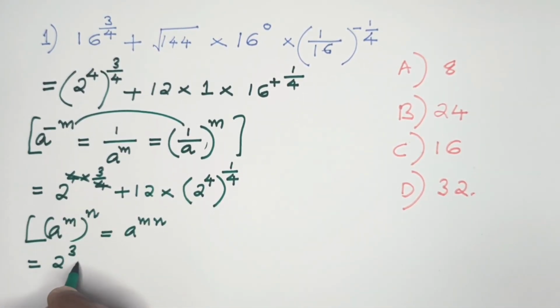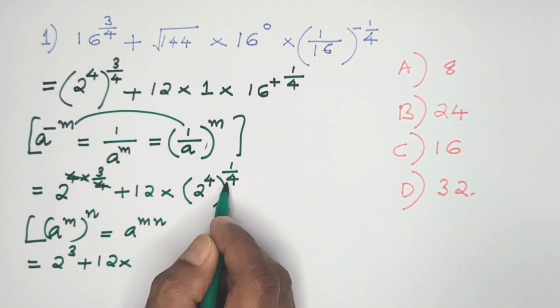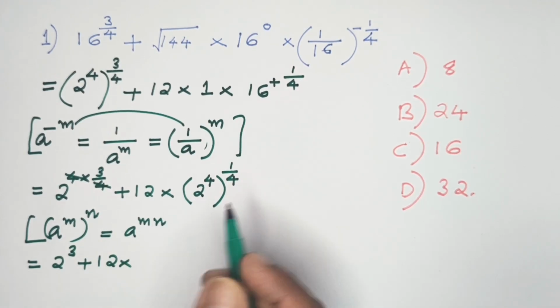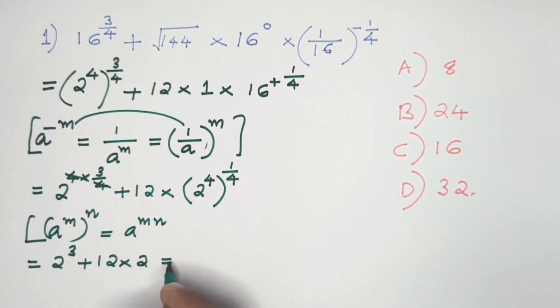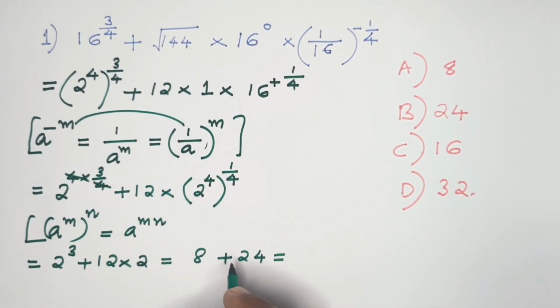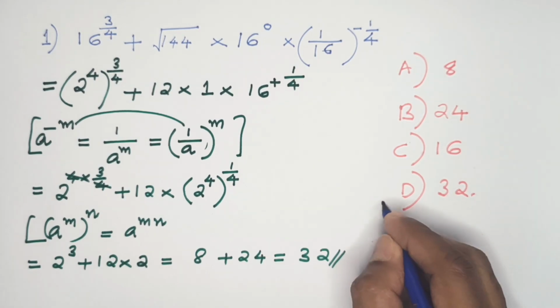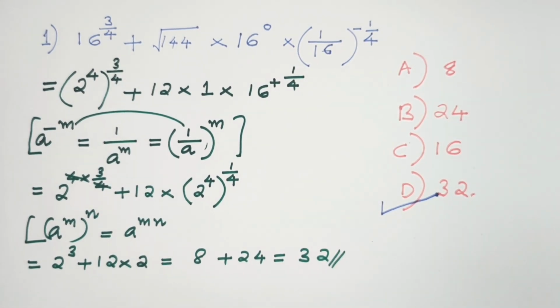You get 2 to the power of 3 plus 12. Using this rule here, you will be getting 2 to the power of 4 multiplied by 1 over 4 and 4 will cancel out and you will get 2. Now this is 8. 12 multiplied by 2, 24. On simplifying this, you get 32. So 32 is the final answer.